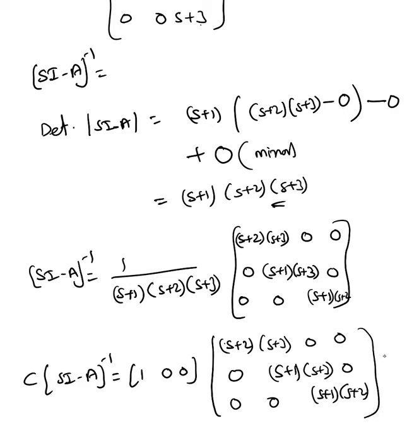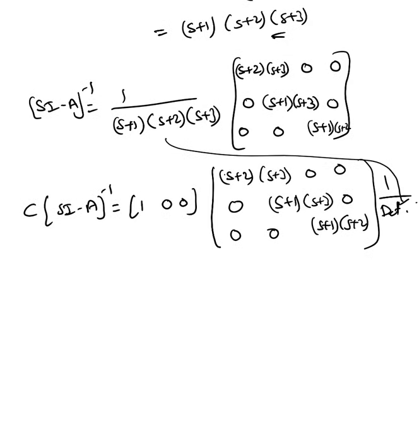Now you will end up with the determinant here, which is right there. If I multiply this, what is the size of the matrix? It's 1 by 3, and this is 3 by 3, so you will end up with a 1 by 3 matrix.